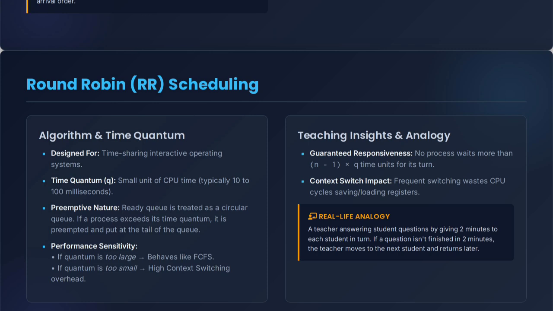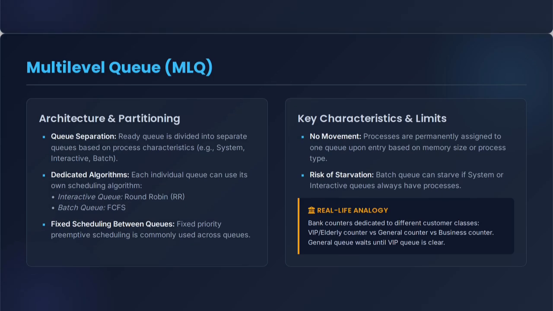Okay, and multi-level queue. In the multi-level queue architecture, the ready queue is partitioned into several separate queues based on process type, such as system processes and interactive processes.